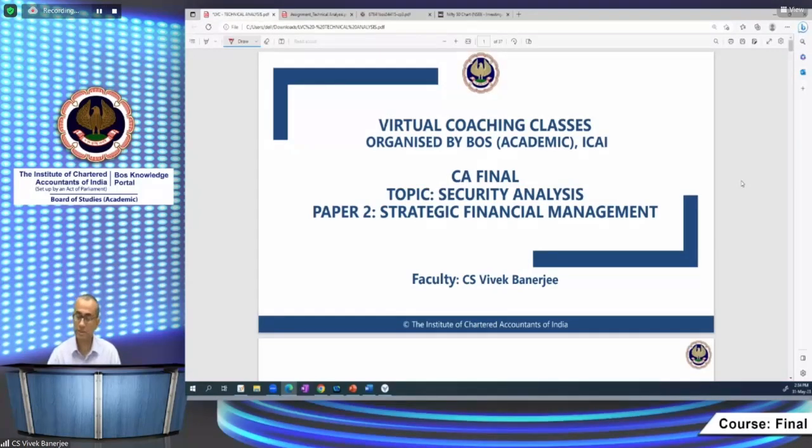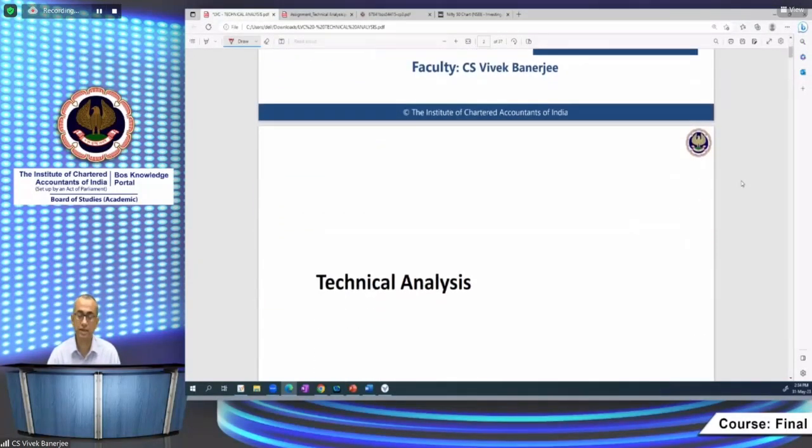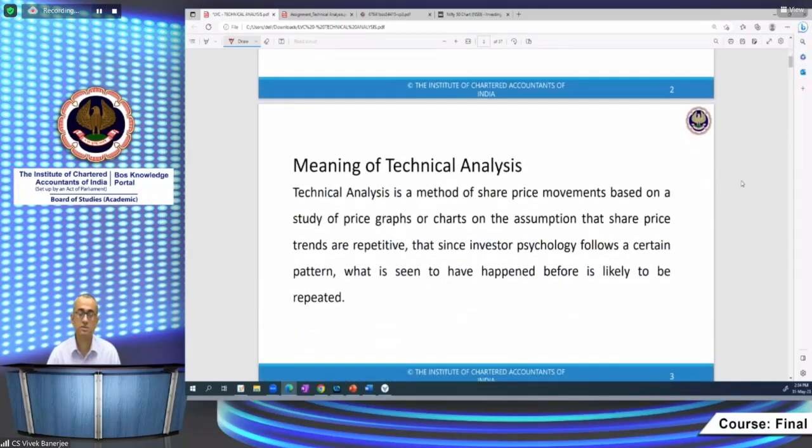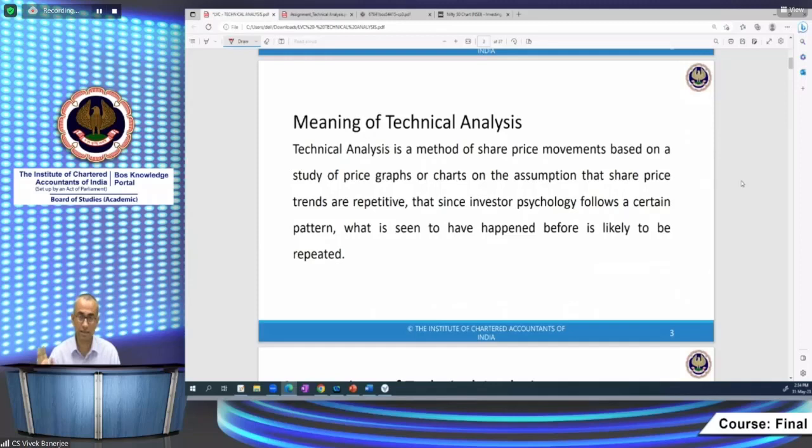Today I will be taking the session on technical analysis. My last session was on fundamental analysis. Today I will take the technical analysis part of the security analysis. As I have discussed in my previous lecture, security analysis consists of two parts, fundamental analysis and technical analysis. Before proceeding to technical analysis, I will give a simple example in which you can appreciate the difference between fundamental analysis and technical analysis.